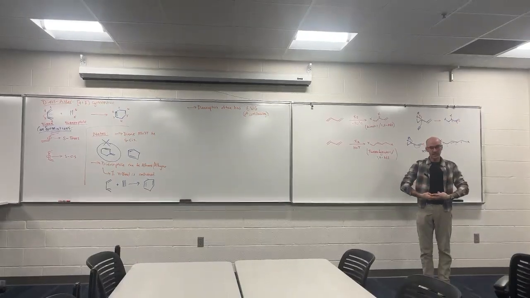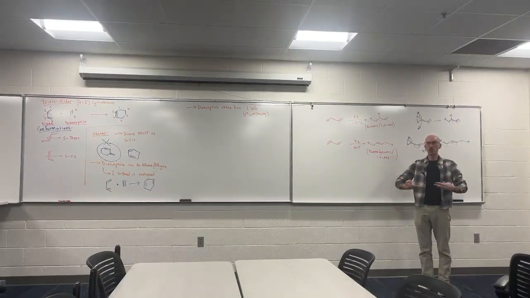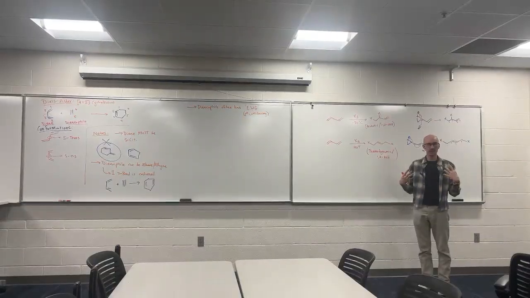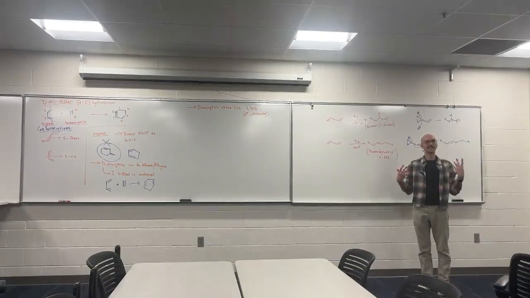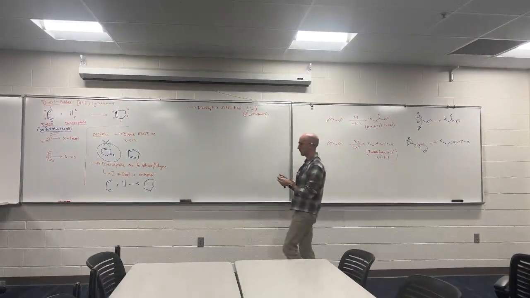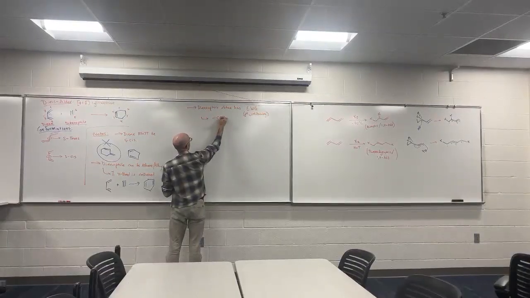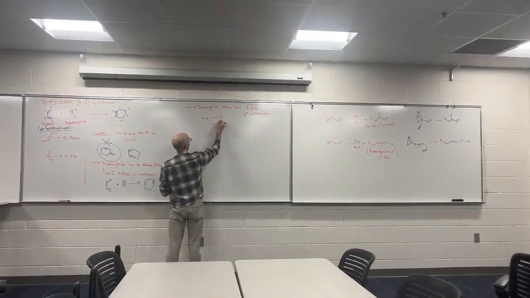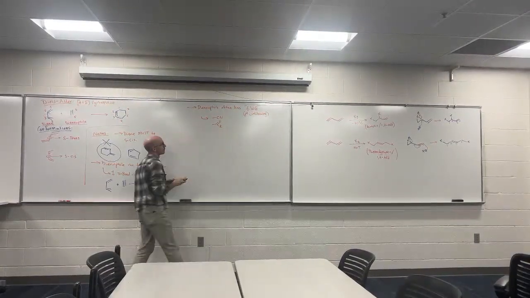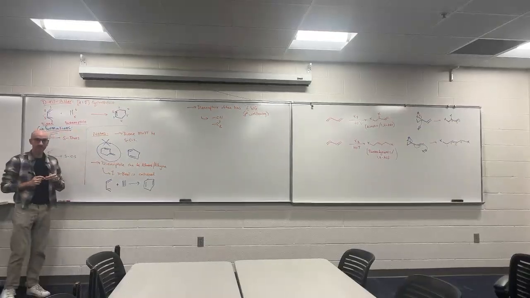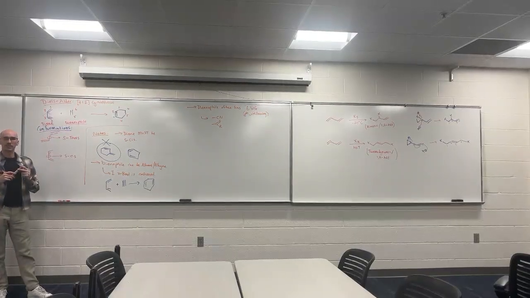What that does is it helps remove electron density from the pi bonds at carbons 5 and 6. It makes the dienophile more reactive to the cycloaddition. So these electron withdrawing groups are things like nitriles, carbonyls. It's pretty much all you're going to see.